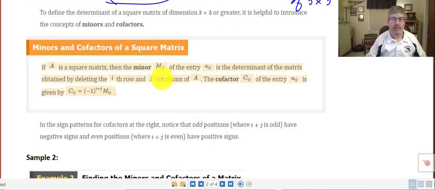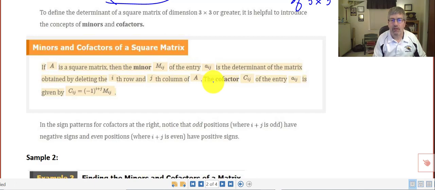So we've got a fairly confusing definition here of minors and cofactors, but if some matrix A is a square matrix, then the minor Mij, which is essentially a location in the matrix of entry a sub ij, is the determinant of the matrix obtained by deleting the ith row and the jth column of A.